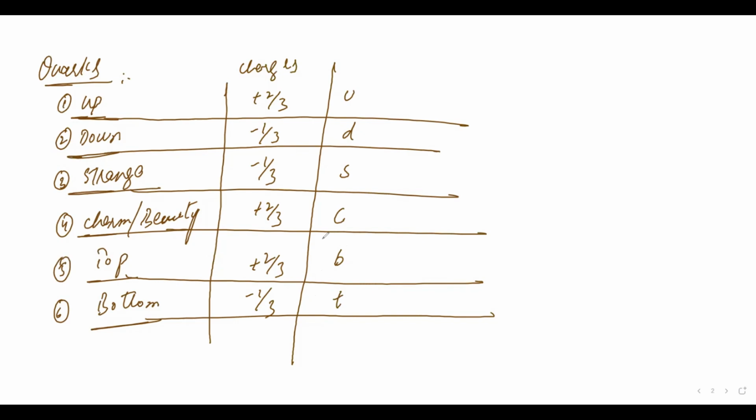Now, if you remember, the other class of fundamental particles we had were the leptons. If you're going to talk about the family of the leptons, how can you identify leptons? Remember that leptons do not experience any strong nuclear force.